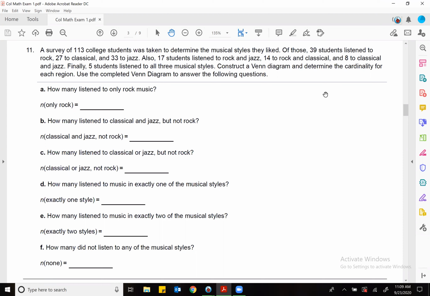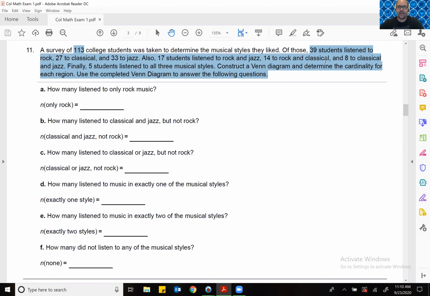You need to subtract that number by 5. Yes. So there are 14 students total that listen to rock and classical. But we've already taken care of 5 of those students. So we're not going to put 14 in that spot.